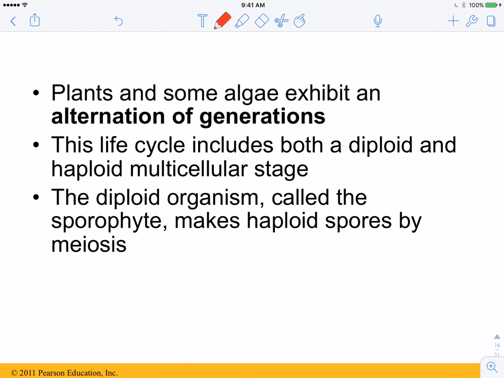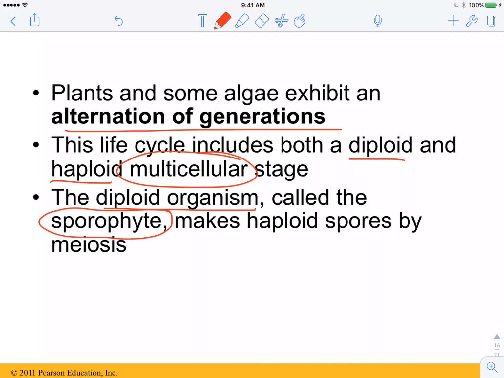Plants and some algae exhibit alternation of generations, where there is a diploid and a haploid multicellular stage. The diploid multicellular stage is called the sporophyte and makes haploid spores via meiosis, so they're not called gametes. The spores will make gametes.